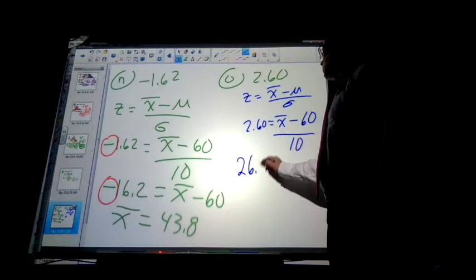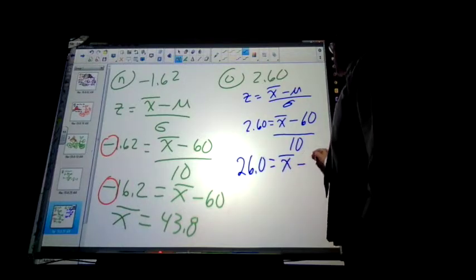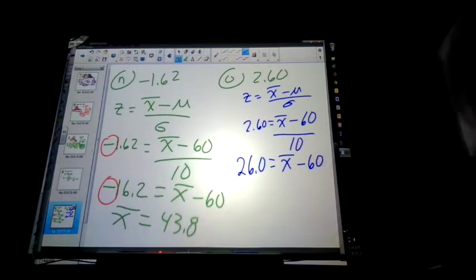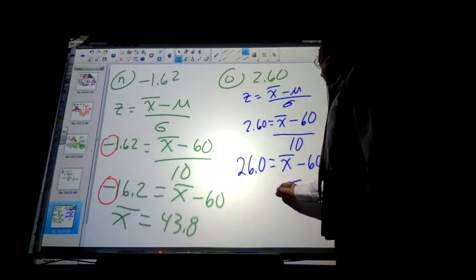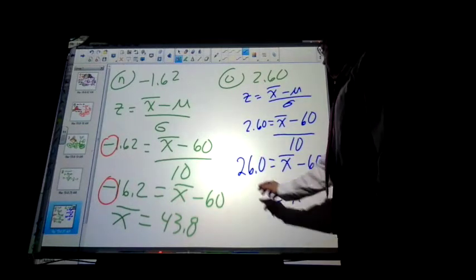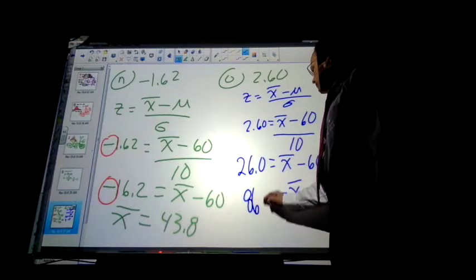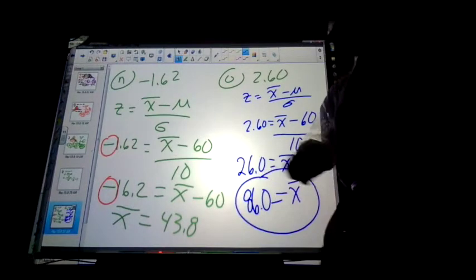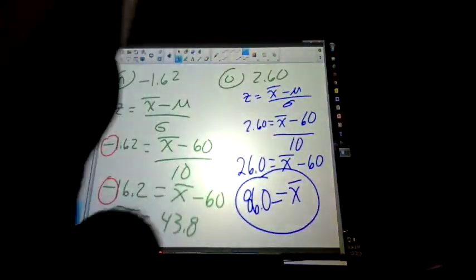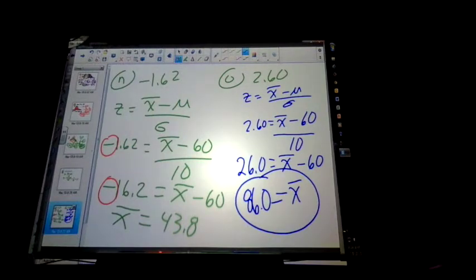So 26.0 equals x bar minus 60. What should I do? Add 60. What is that going to be? 86.0. So 86.0 milliseconds would be how long the airbag would take to inflate if we have a z-score of 2.6.